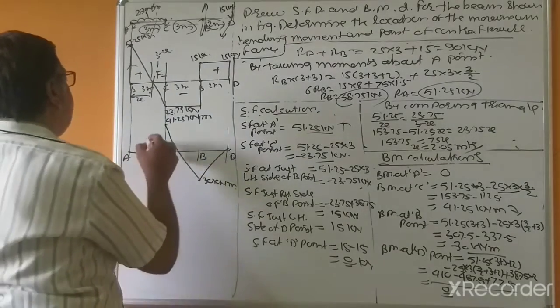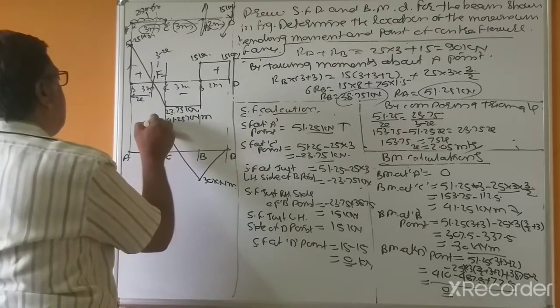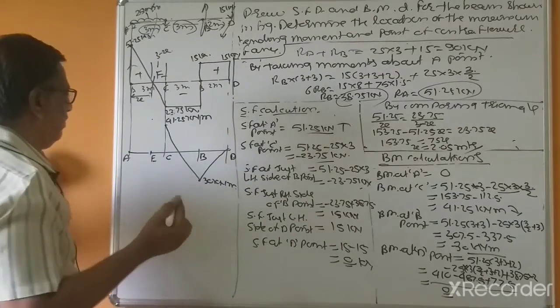Now this line is the actual one, because at E point you will get the maximum bending moment.